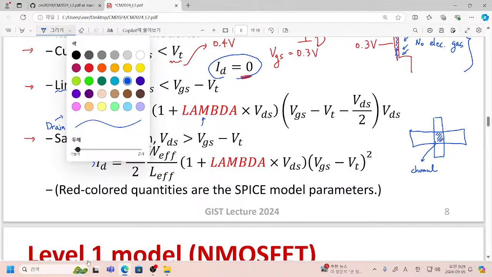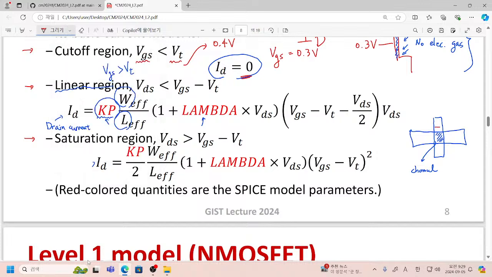Here we have the direction of current flow, and the physical or drawn distance between these two lines corresponds to our channel length. The other direction, horizontal to the current conduction direction, is regarded as the width of your transistor.